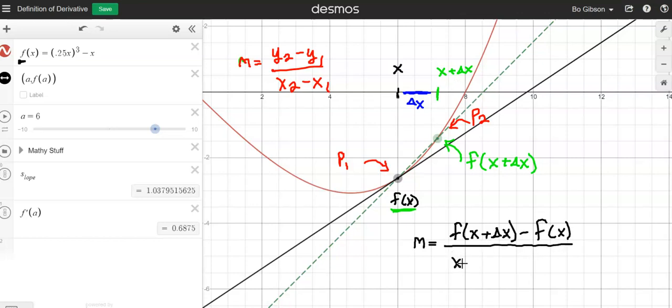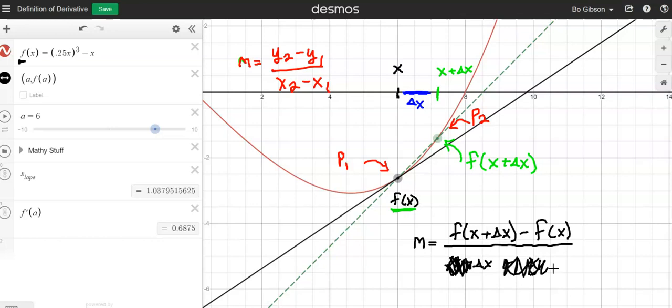We have x plus delta x, that was point 2's x-coordinate, and just x was point 1's x-coordinate. And you do notice, hopefully, that we will get a simplification here. In fact, these guys cancel out. We're just left with delta x. Now, the unfortunate thing is all we've done is rewrite the slope formula. This doesn't get us any further to finding an exact answer.